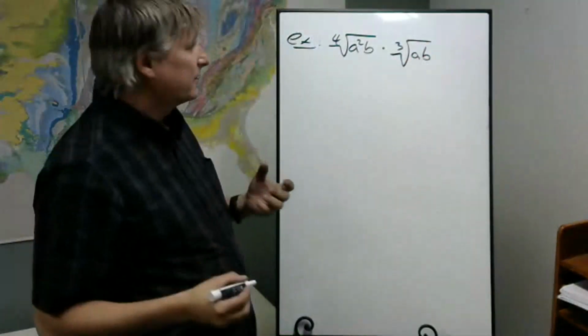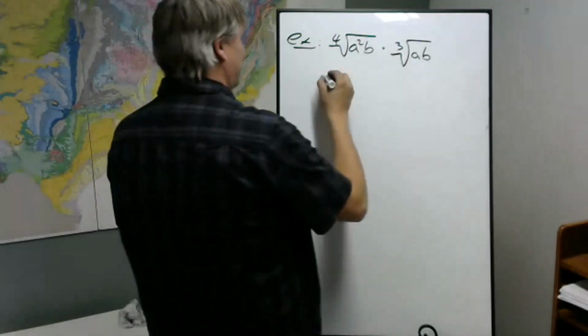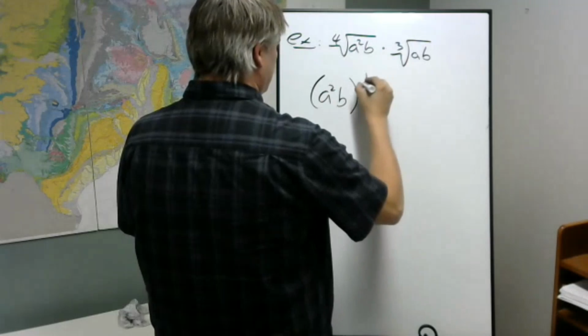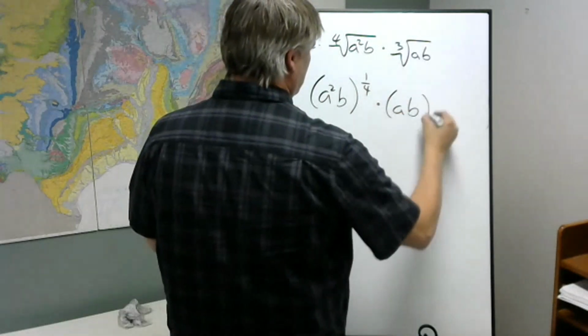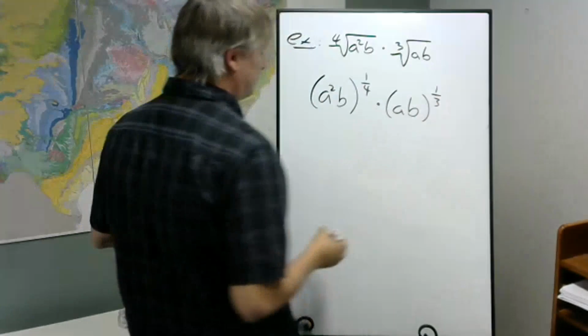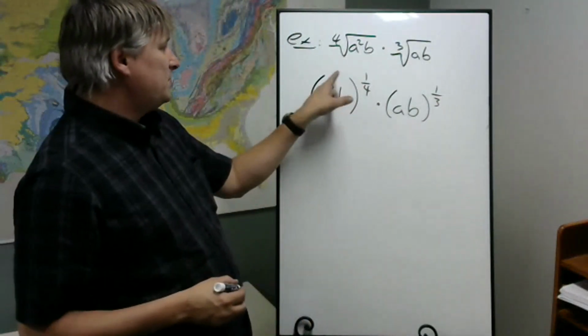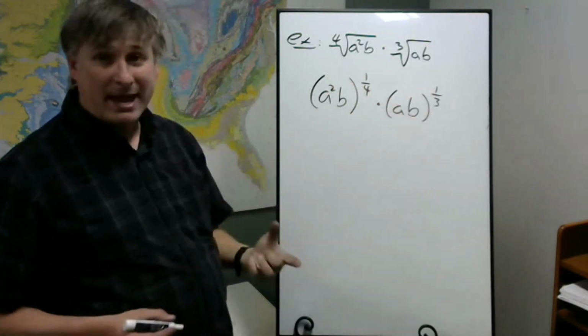Now what we can do here, again, rational exponents. So what we could do, we can distribute this and distribute that as exponents.